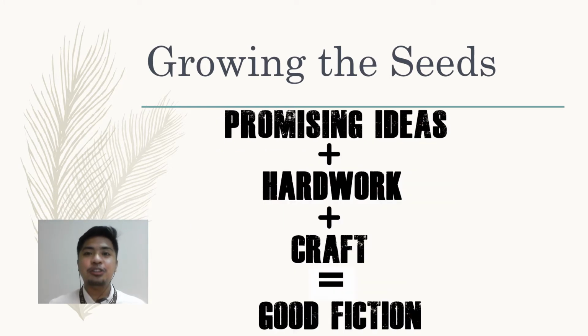So, to fix the formula: promising ideas plus hard work plus craft would make a good fiction. If you have this idea, you put hard work to it, you put your imagination to it, and then you apply the knowledge in the elements of fiction, that's where you can actually produce a good fiction.